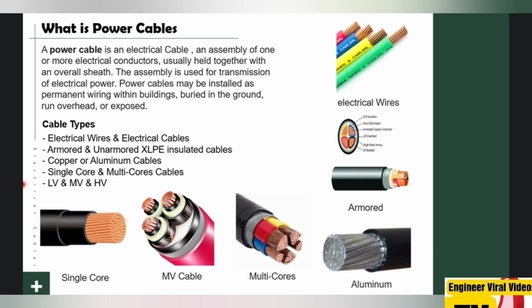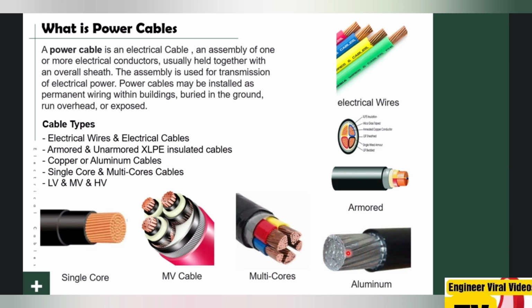For more understanding, see the pictures shown. For example, this is wires, and here this picture illustrates the armored cable. See here, this is an armored cable, and I will also talk about the types of armored cable.